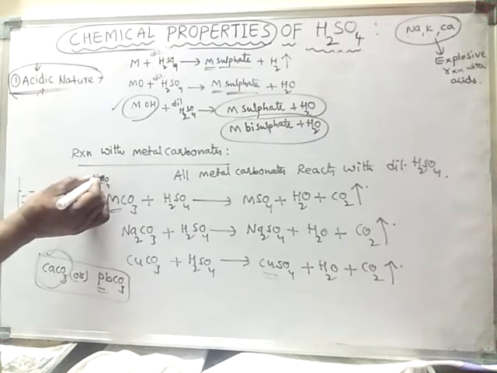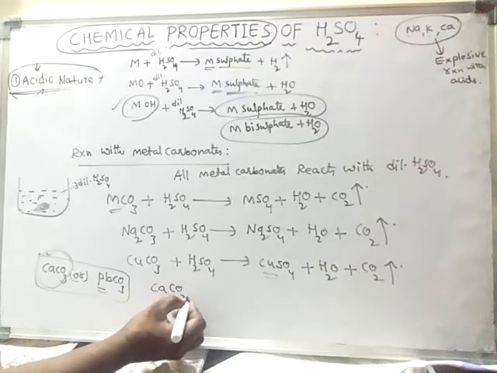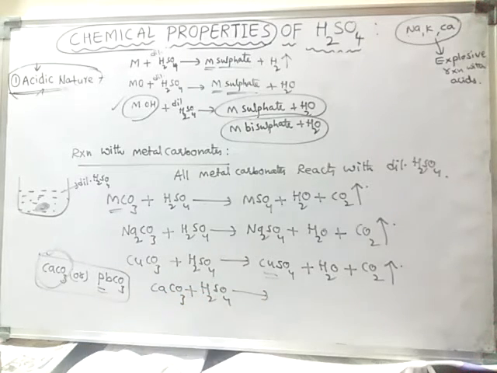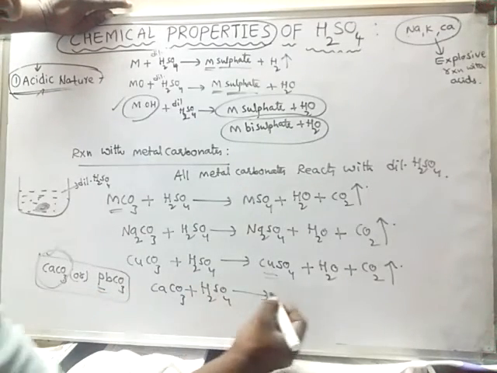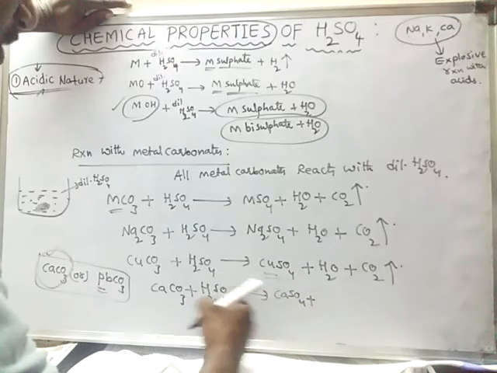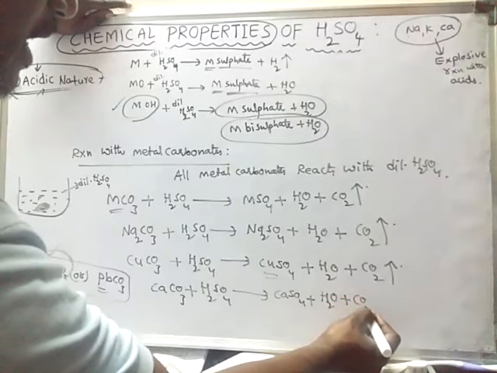What happens? In this case also, initially, at the beginning, the same type of reaction takes place. That means it forms calcium sulfate and water, along with the liberation of carbon dioxide gas.